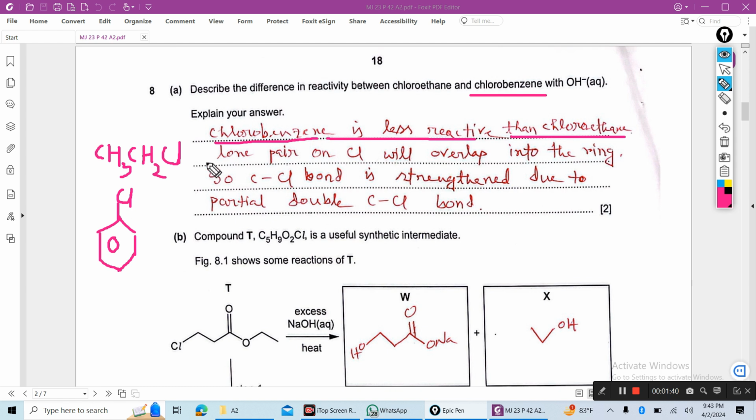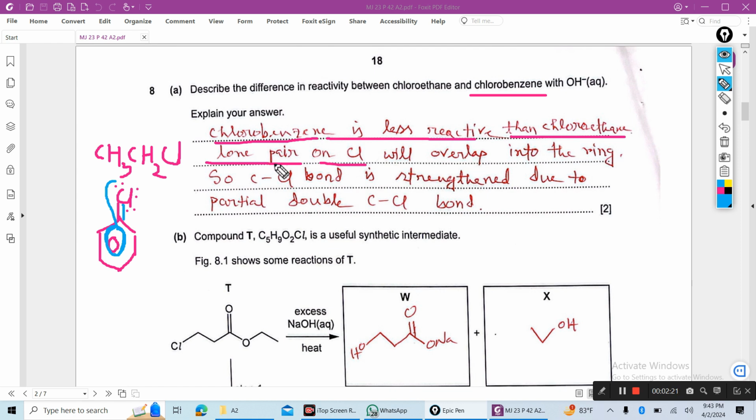Why? Because chlorine has three lone pairs. A lone pair on chlorine will overlap into the ring. This lone pair of electrons will go to the benzene ring and mix with the delocalized electrons. So the chlorine-carbon bond becomes like a double bond.